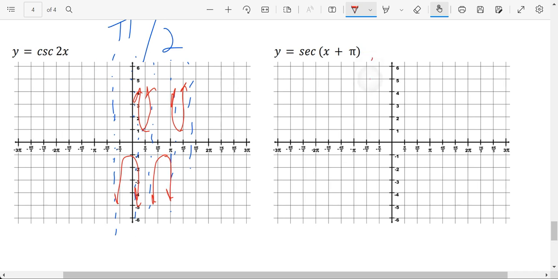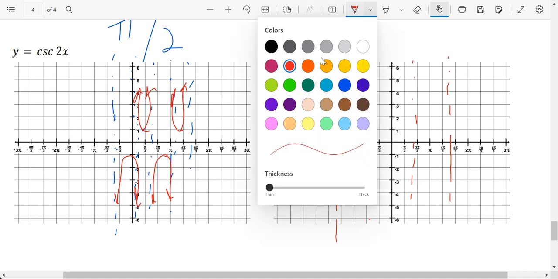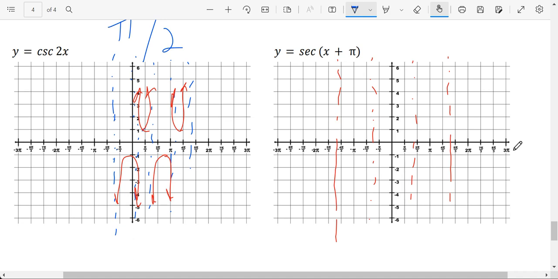You're still going to be at negative pi over 2, pi over 2, 3 pi over 2, negative 3 pi over 2, and the tricky part really is that where they're facing up or facing down is what's going to be flipped since they're moving over pi.